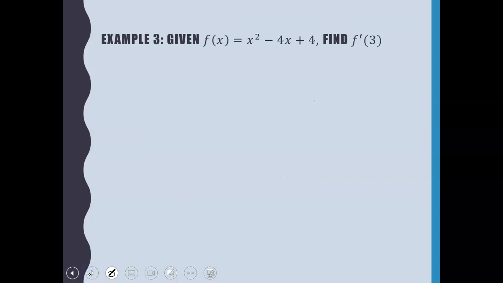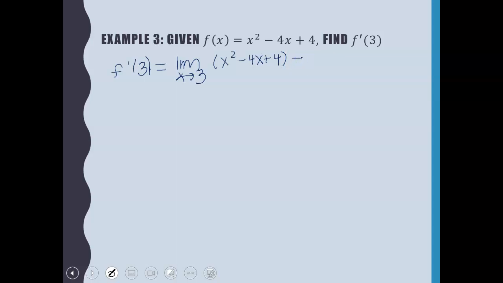F prime of 3. So all that's really changing is how we write this. F prime of 3 equals the limit as x approaches 3 of f of x, which is x squared minus 4x plus 4. And these are more complicated. Like they're a little bit longer.